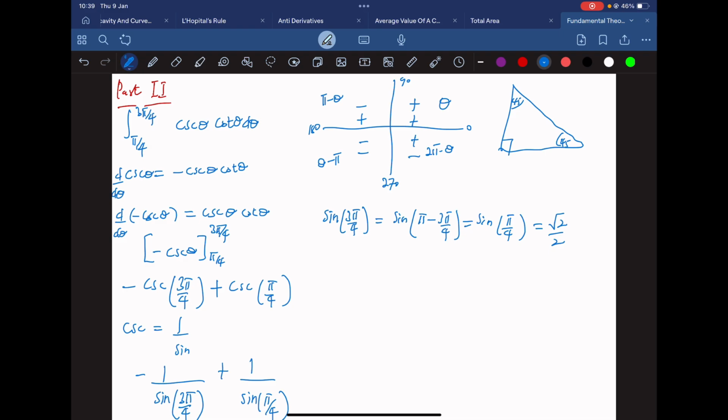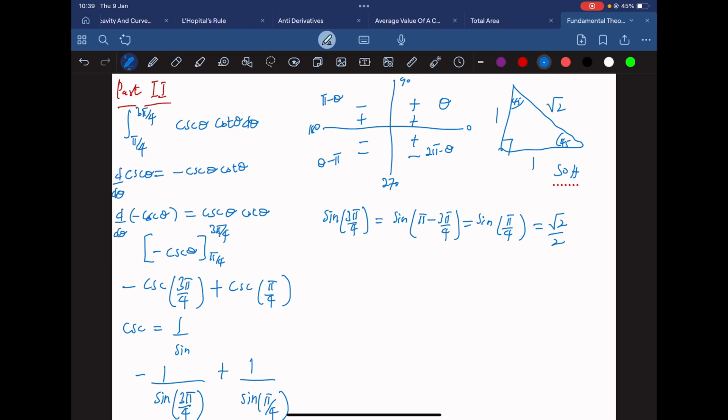Okay, so that one, it was 1, this was root 2, this was 1. So if you find sine of 45, sine is opposite over hypotenuse. So what is opposite of 45? It is 1. What is the hypotenuse? Is root 2. And 1 over root 2 is the same as root 2 over 2, as we have over here. So just note that.